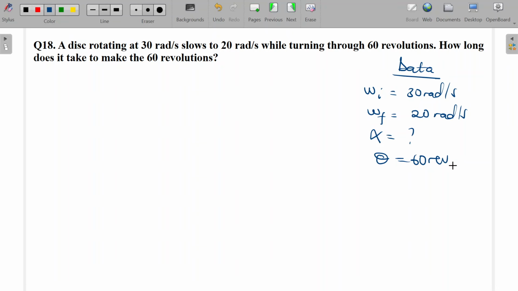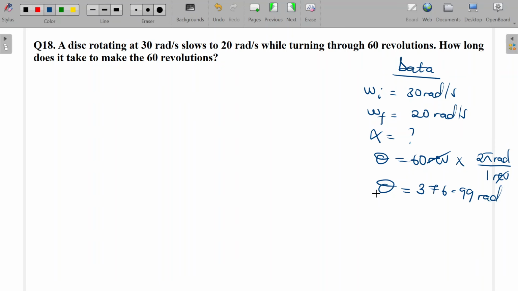We have been given 60 revolutions, which can be converted using 2 pi rad over 1 revolution. So the revolution cancels and your theta is equal to 60 times 2 pi, which is just 376.99 rads.